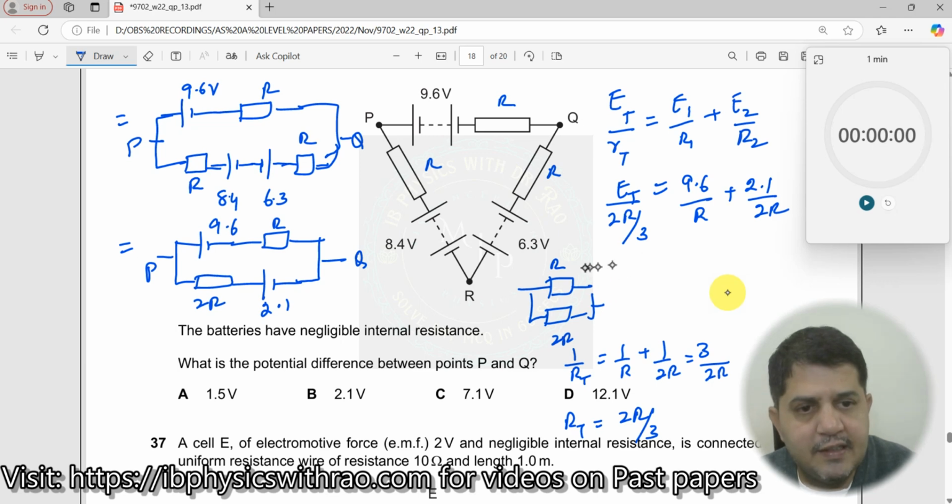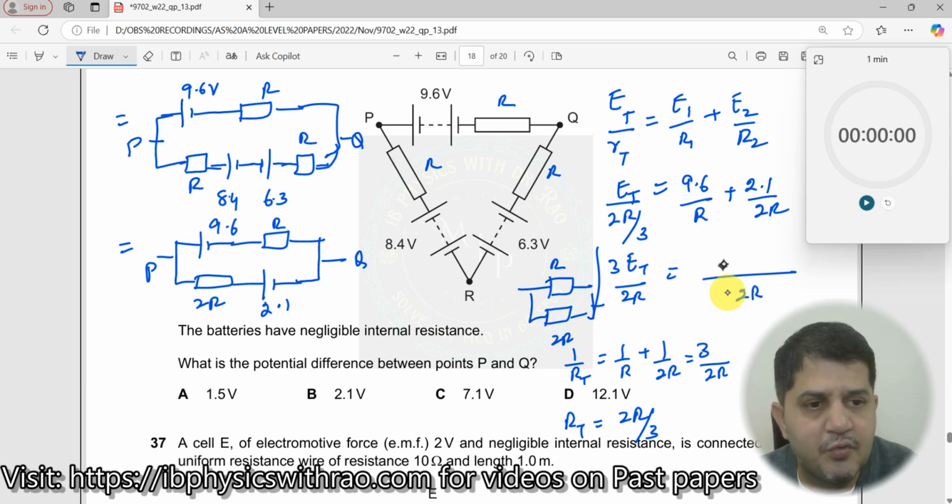So in other words, E total divided by 2R by 3 gives 3 E total by 2R, which is equal to, taking the LCM, 9.6 into 2, which is 19.2, plus 2.1, all over 2R. The 2R on both sides goes away.